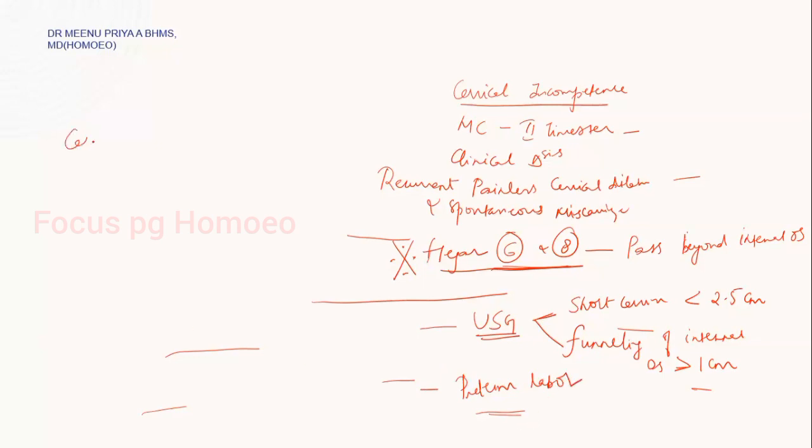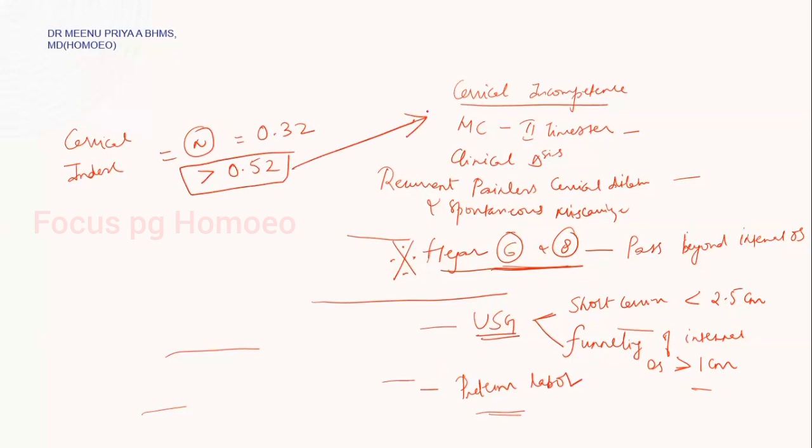One more thing which is done is the cervical index. The normal value is 0.32, whereas if it is more than 0.52, then we can confirm that cervical incompetence is there. That means the pregnancy cannot be continued when the cervix is incompetent.